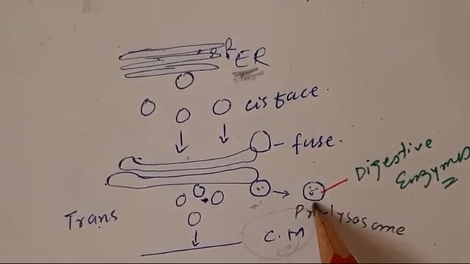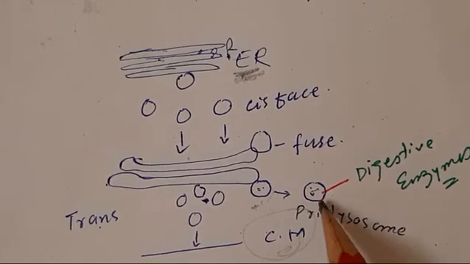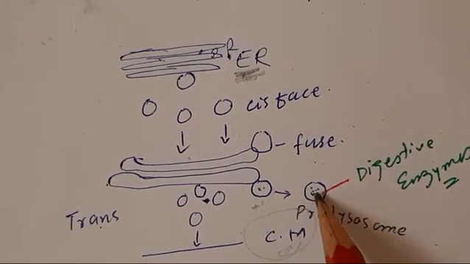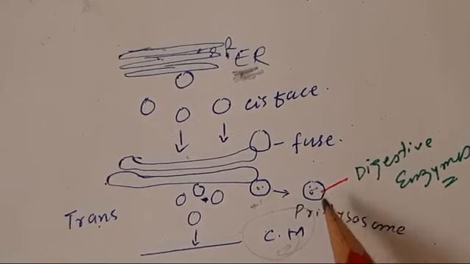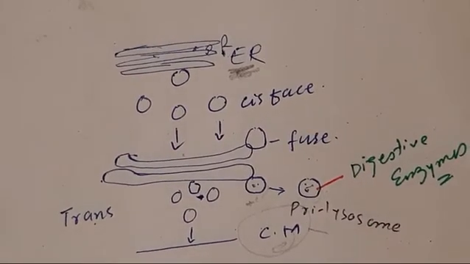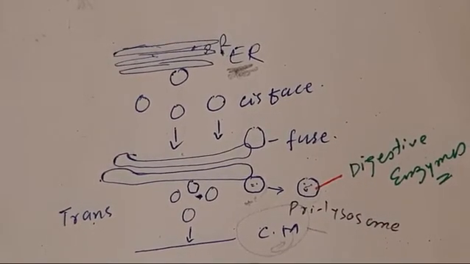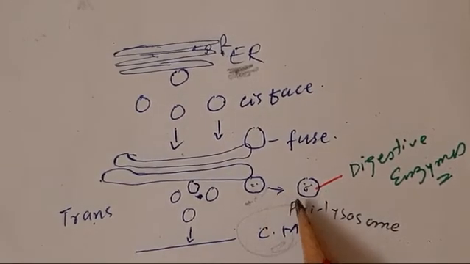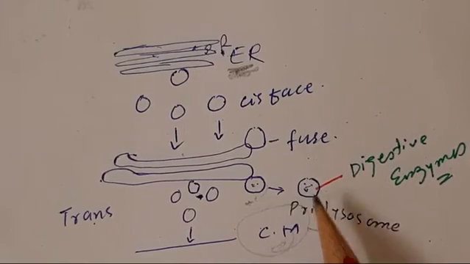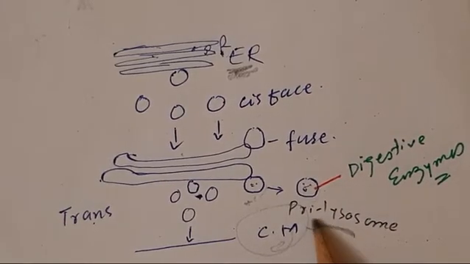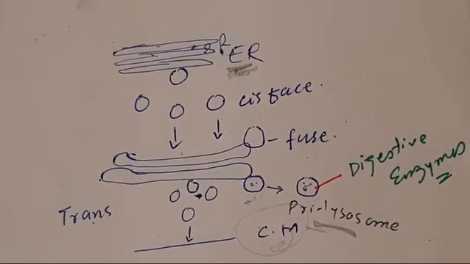The processed enzymes are budded off as Golgi vesicles, and these vesicles are called primary lysosomes. This is the Golgi vesicle, and now this vesicle is called primary lysosome.